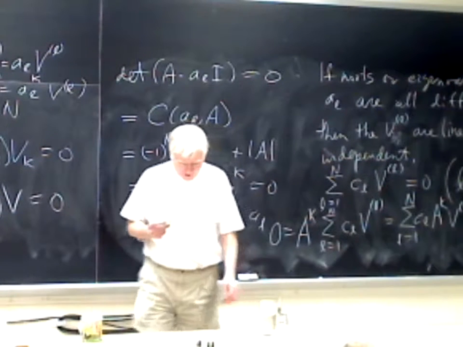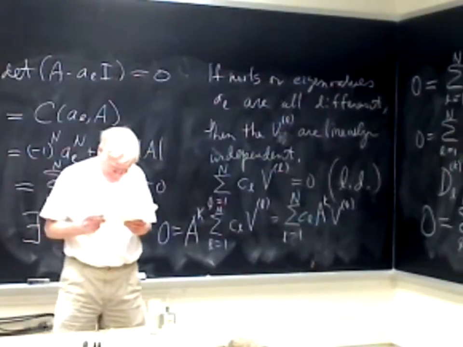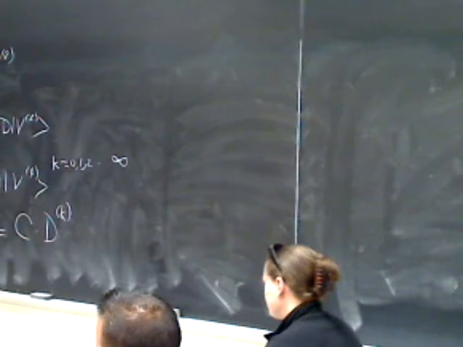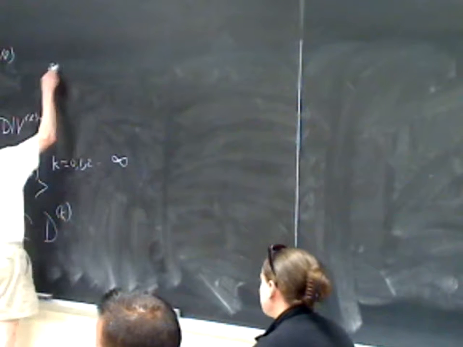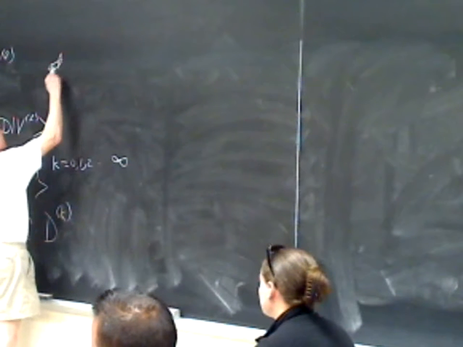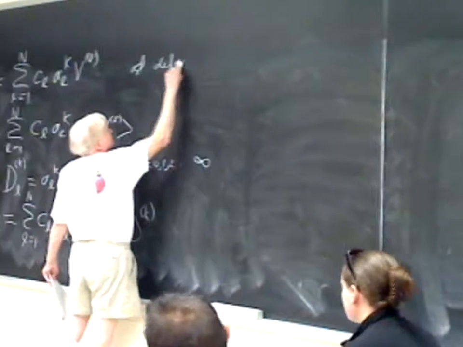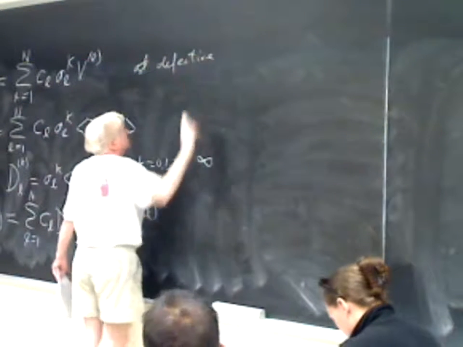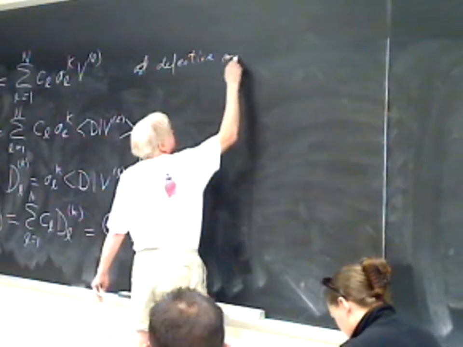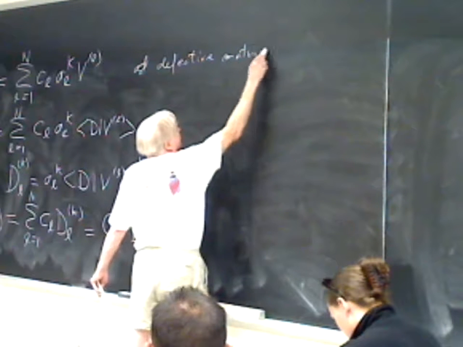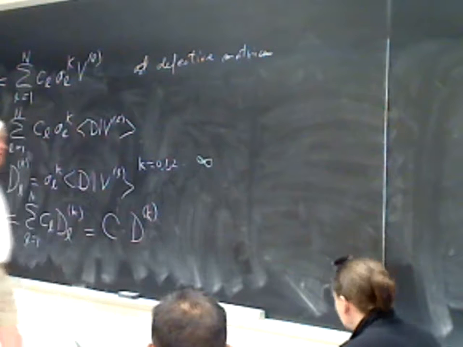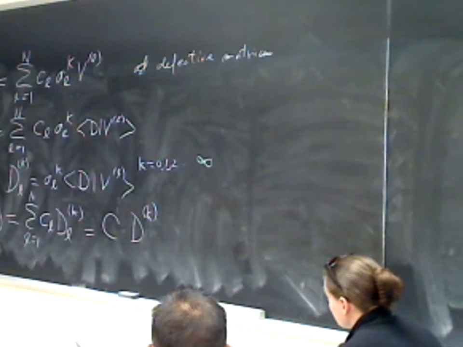All right, so let's see, where were we? Okay, so obviously we're not going to work very much with defective matrices. A defective matrix is one whose eigenvectors aren't linearly independent.